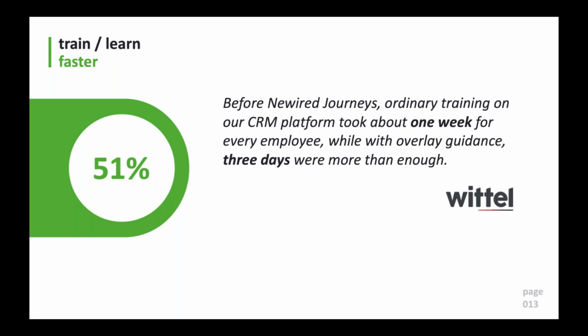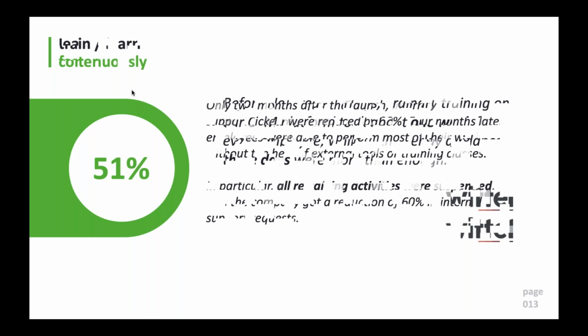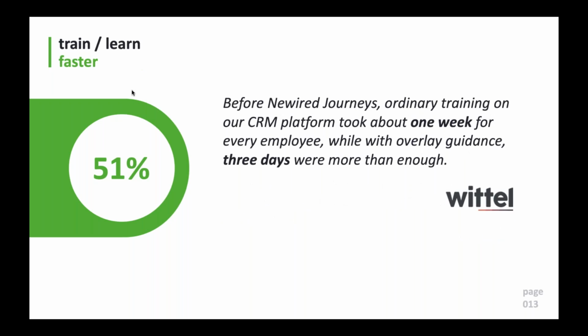You remember my chart, this curve that speaks about training and forgetting and change. So that's the first part of this curve: the fact that the guides are embedded in the tool itself just makes the training faster.